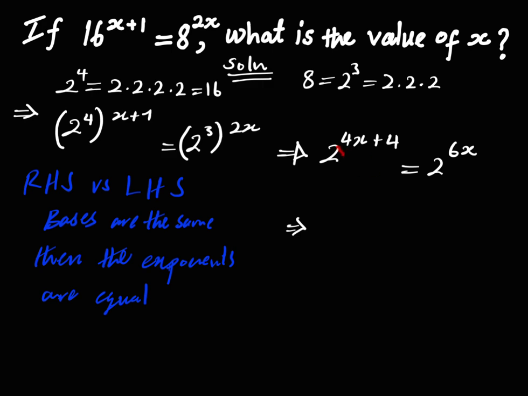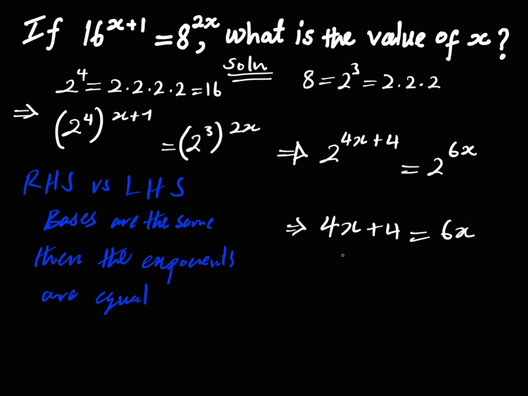Since we have a base of 2 here and the same base 2 here, we can equate these exponents. We can say 4x plus 4 is equal to 6x. Now we have a linear equation. All we have to do is to move this 4x to the right hand side.